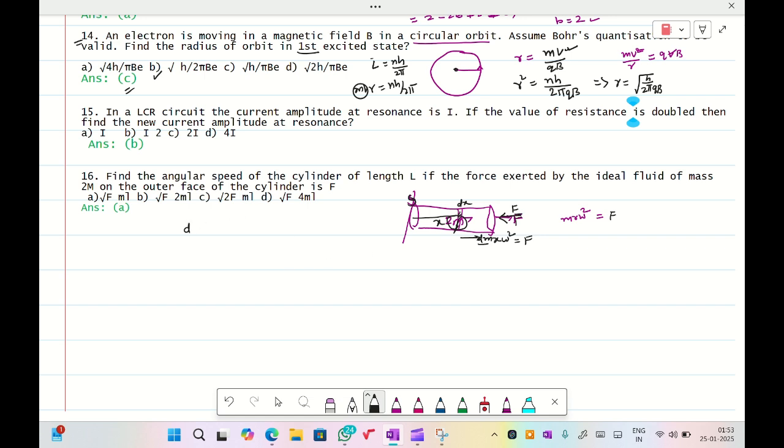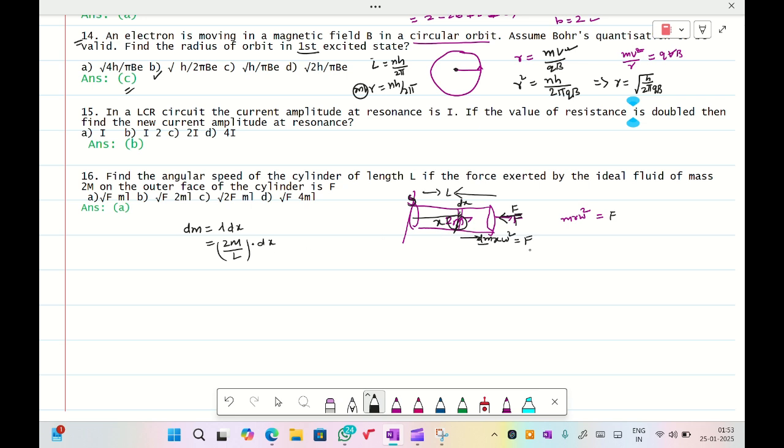Therefore dm is equal to mass per unit length, lambda into dx. Lambda is mass per unit length, which is equal to 2m by L, where L is the length of the cylinder, into dx.